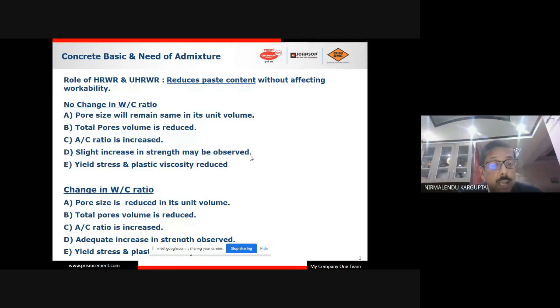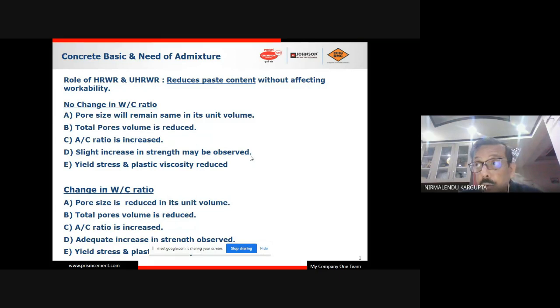This is the first. And when we change the water cement ratio, here the pore size will not remain as that of control. Why? Because the water cement ratio has been reduced. Pore size is reduced in its unit volume. As the paste volume is reduced, total pore volume is also reduced. As the paste volume is reduced, aggregate cement ratio is also increased because paste is less and aggregate is higher. An adequate increase in strength is observed. Here, two things are happening.